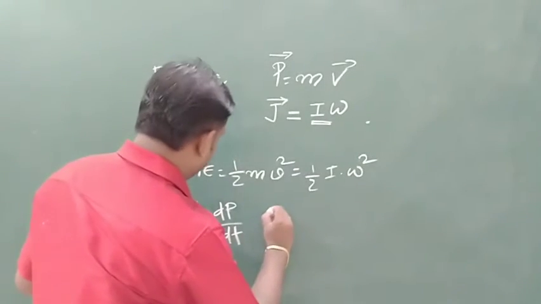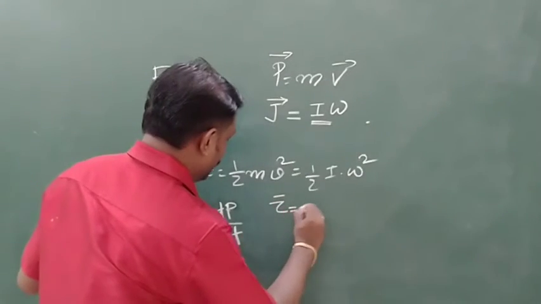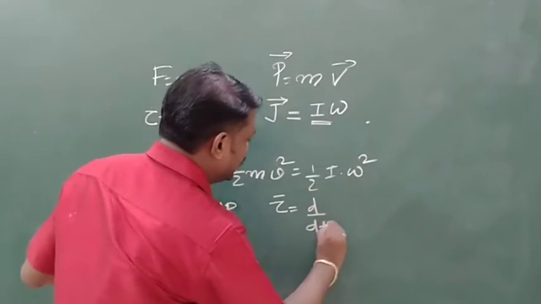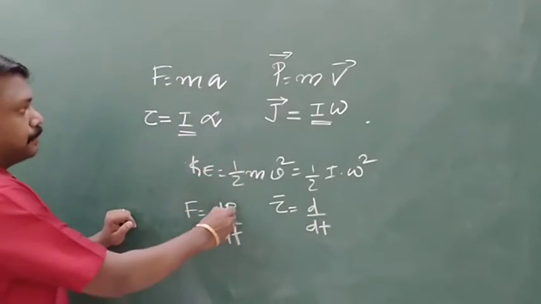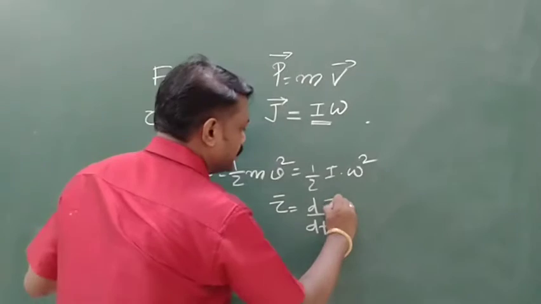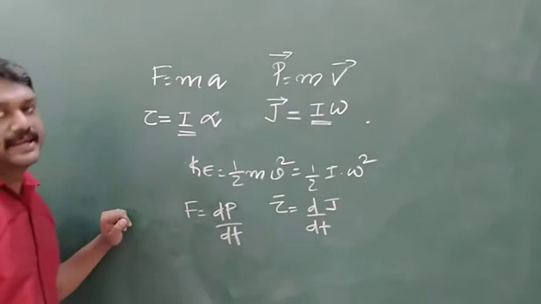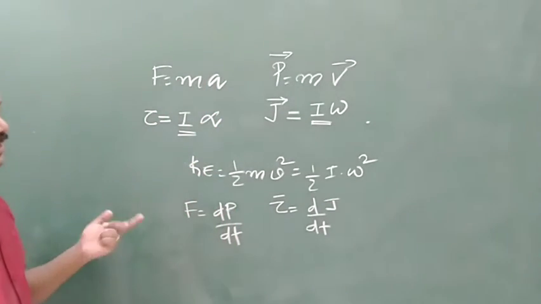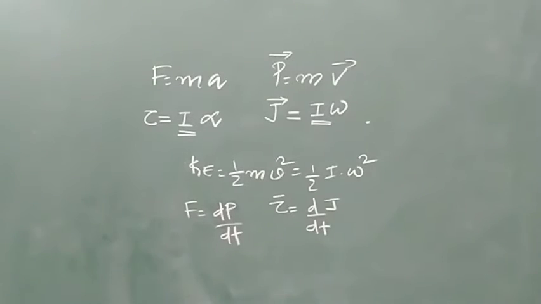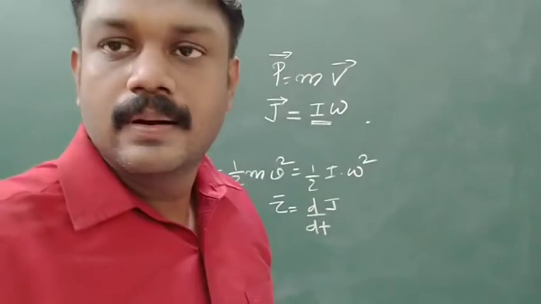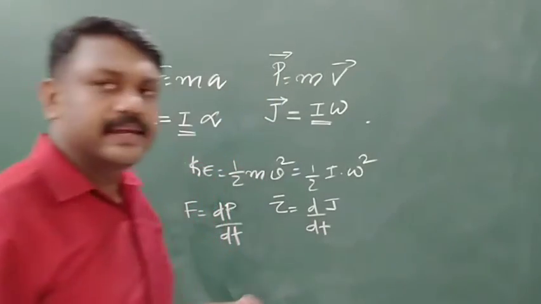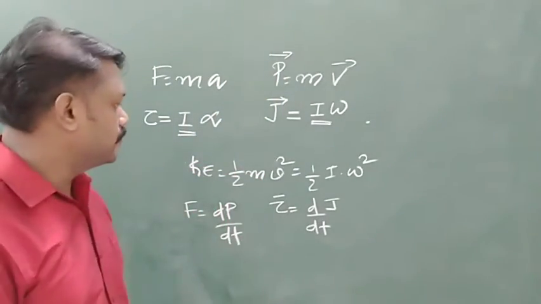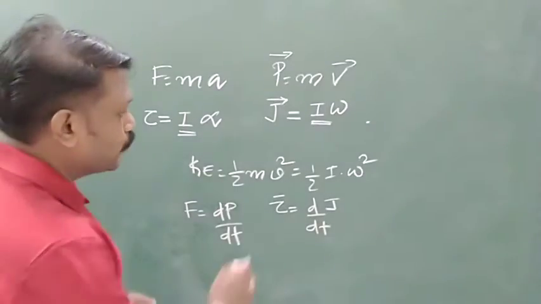So tau is equal to d by dt of, P you can replace by J, dJ by dt. Tau can be replaced by dJ by dt. You can easily derive this relation: F is equal to dp by dt and tau is equal to dJ by dt.